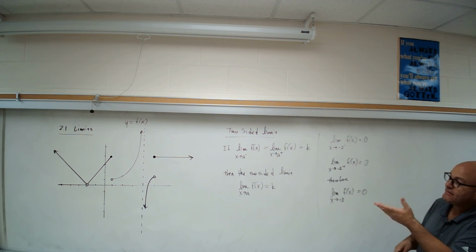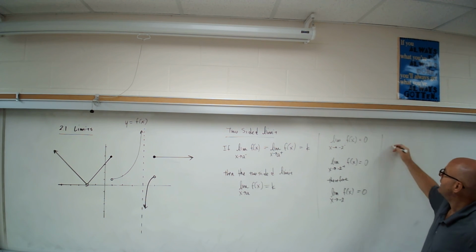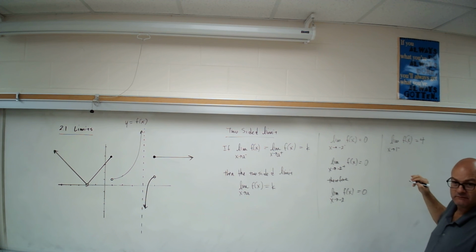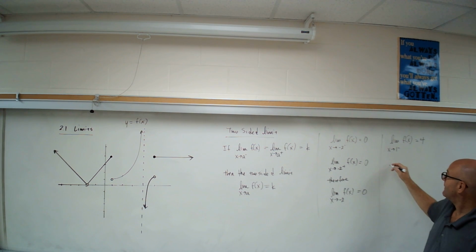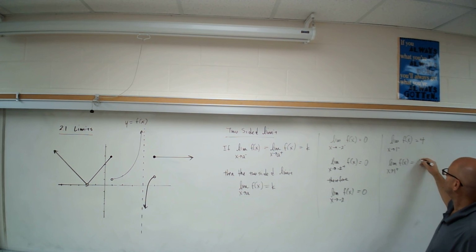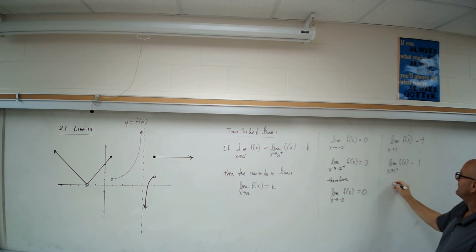And then just to compare here, if we look at 1, the limit as x approaches 1 from the left was 4, wasn't it? And then the limit as x approaches 1 from the right is 1. So these are different, right? They're both defined. It has a left-hand limit. It has a right-hand limit, but they're not the same.